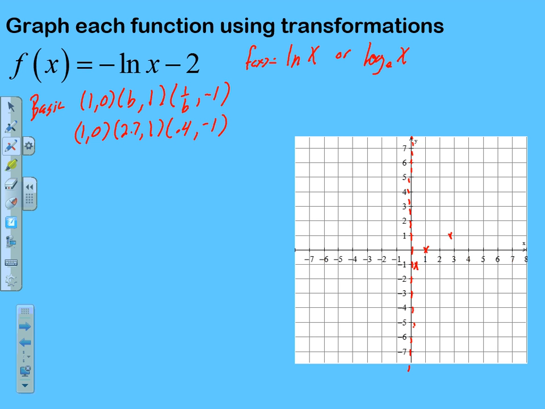So now what we're going to do is see what transformations are happening. So the negative sign, so we'll just say negative natural log, so that negative is really what we're looking at. Because it's essentially saying -1 times the function.